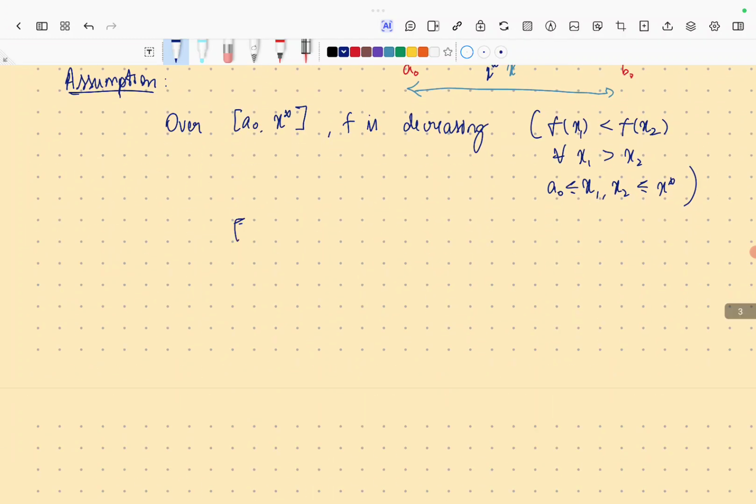Similarly, to the right of the minimum, I'll assume that the function is strictly increasing. So over x star to b0, f is increasing. The function could even look something like this. This is not convex, but I just want it to be strictly decreasing to the left and strictly increasing to the right.